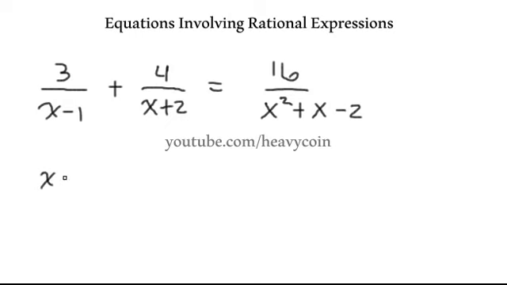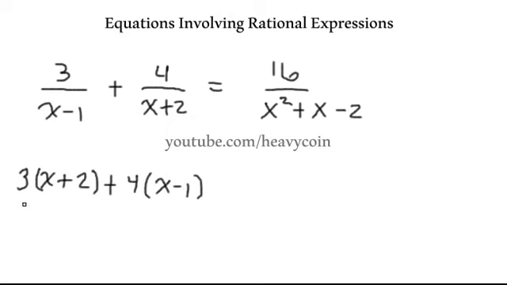So we have x plus 2, and you know what, I think I'm just going to shortcut this. x plus 2 up here plus, because you need to learn the shortcuts, right?